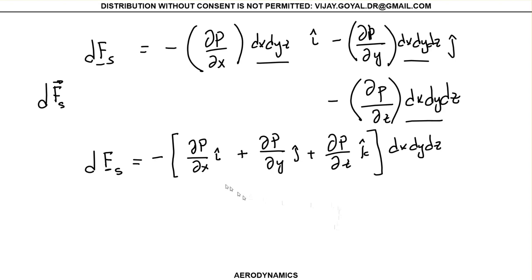Okay? And if you recall from calculus, your operator nabla was nothing else than, this is a vector as well. This is nothing else than partial of x plus partial of p with respect to y, plus partial of z.